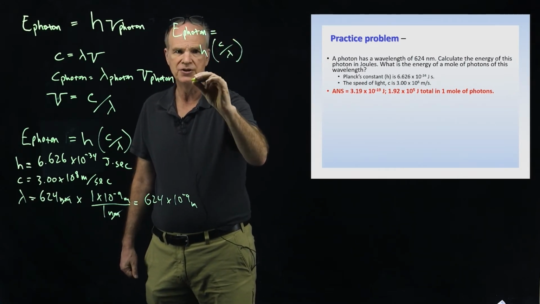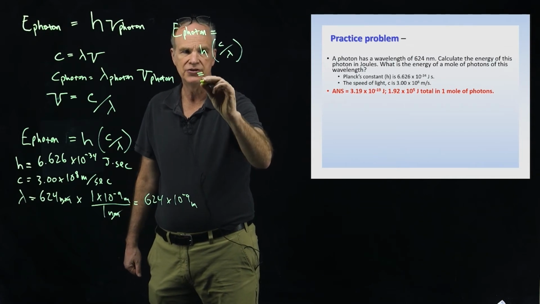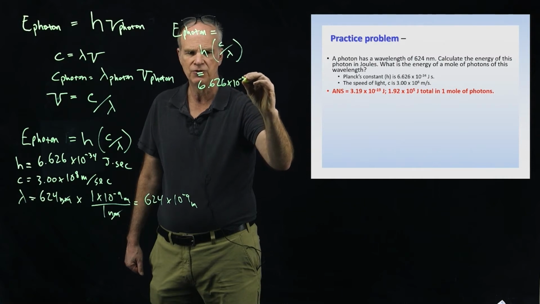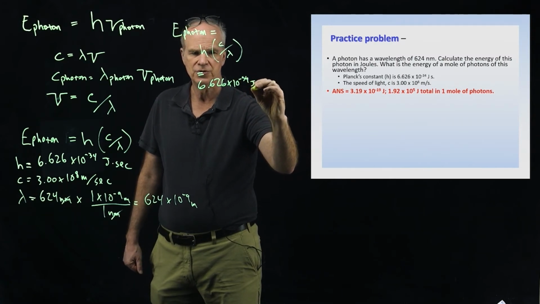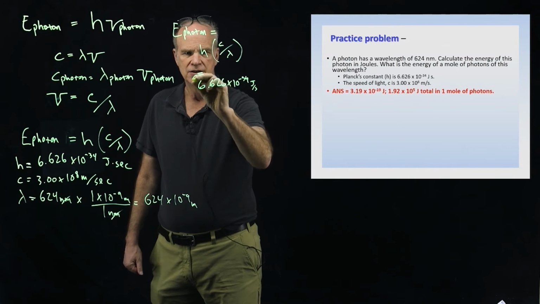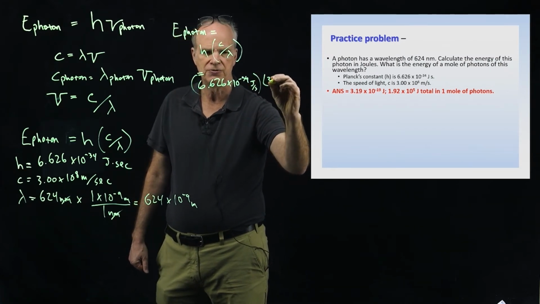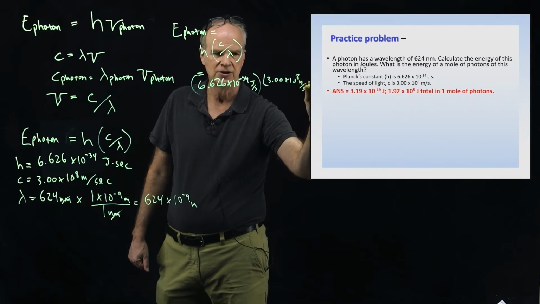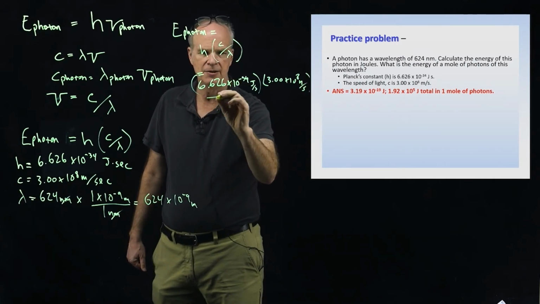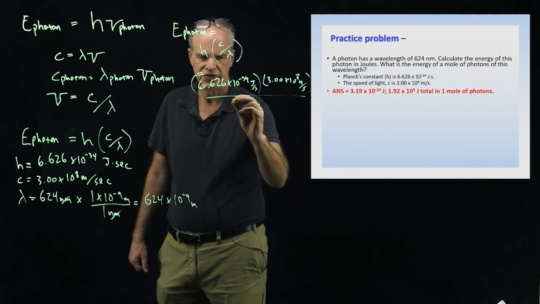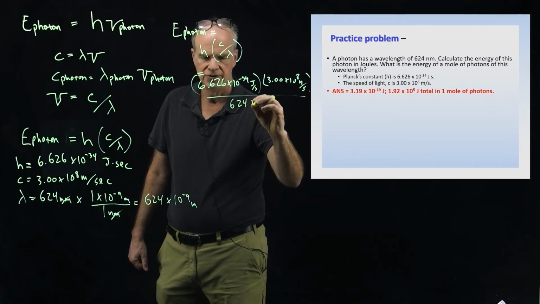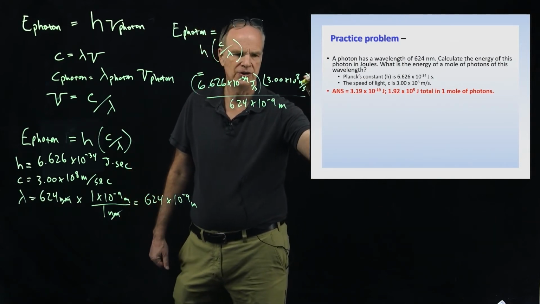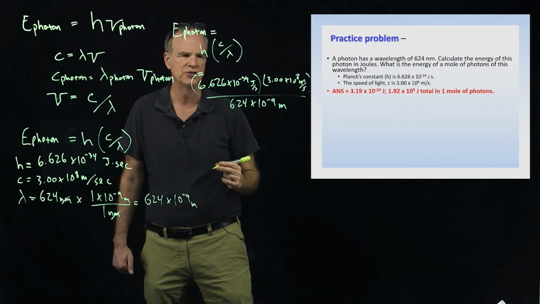So it's going to be equal to 6.626 times 10 to the negative 34 joules per second, multiplied by c, which is 3.00 times 10 to the 8 meters per second, divided by wavelength, which is 624 times 10 to the negative 9 meters. Okay, so let's just see if units cancel the way we hope.